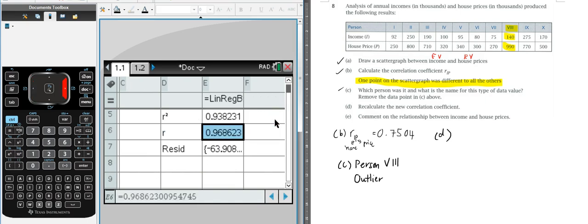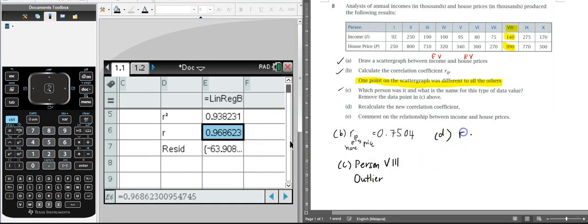Okay, right now you can see the r value is different. So the r is equal to 0.9686. E, comment on the relationship between income and house prices. Comment means I want you to interpret the correlation coefficient. So you write: this indicates the relationship between income and house prices is strong, positive, because you do not have a negative sign, that's why positive.